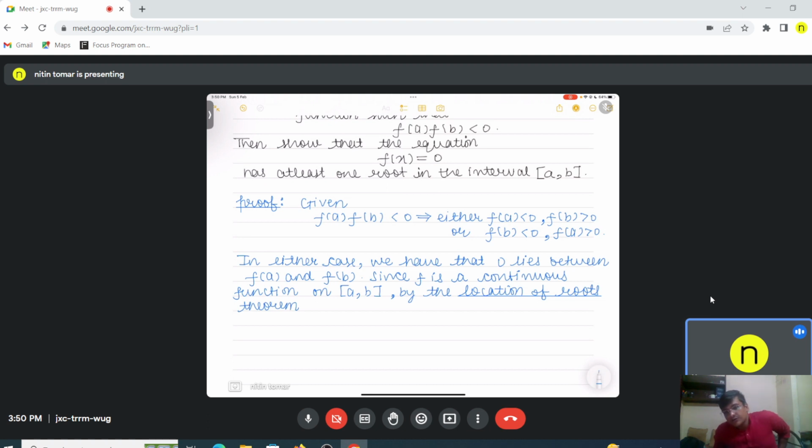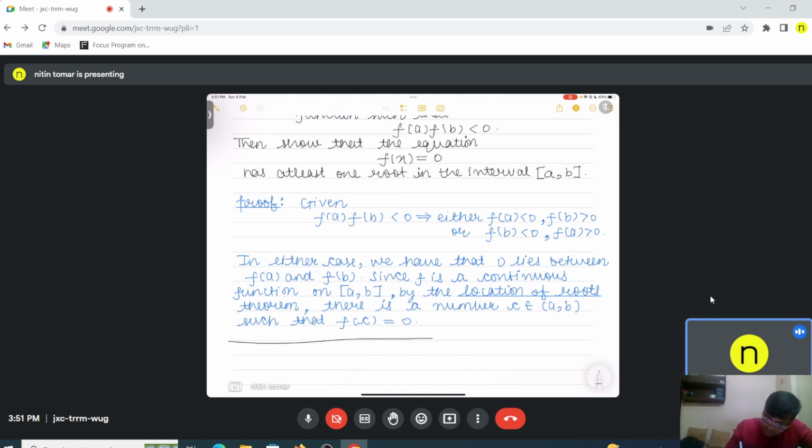That if you have a 0 between f(a) and f(b), then there will be at least one root in the interval (a, b). Then there is a number c between a and b such that f(c) is 0, and we are done, right? So this problem uses the location of roots theorem.